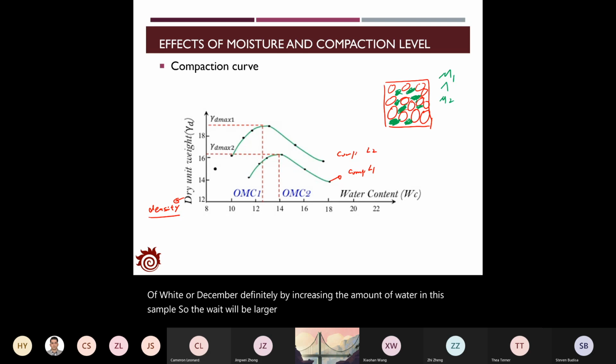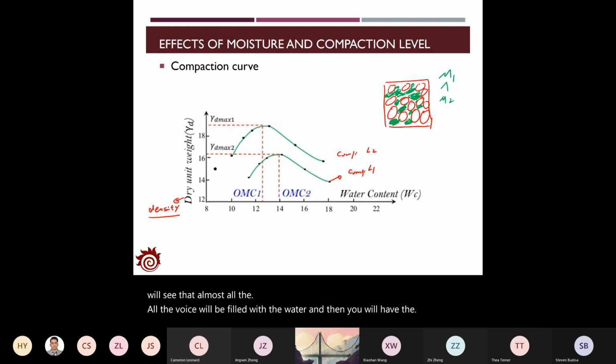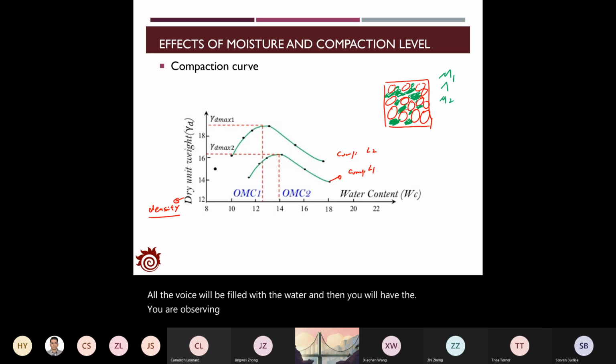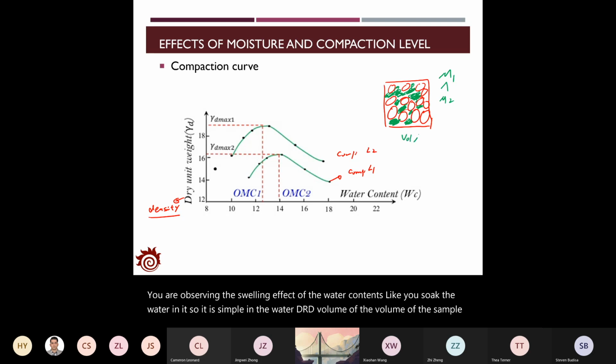And after you pass a certain value, you will see that almost all the voids will be filled with water, and then you will observe the swelling effect of the water contents, like you soak the sample in the water. The volume of the sample will increase.